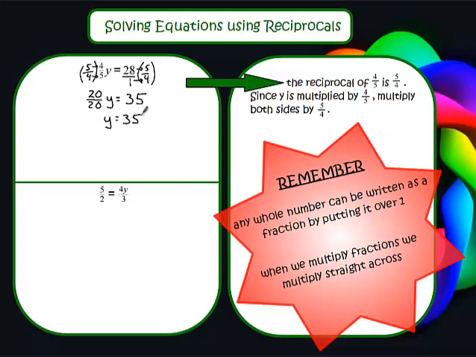So using the reciprocal of a fraction can easily eliminate any of the multiplying and dividing going on with the variable. If I want to check this, well, I'm going to take 35 and put it in for y. So I have 4 over 5 times 35 equals 28.